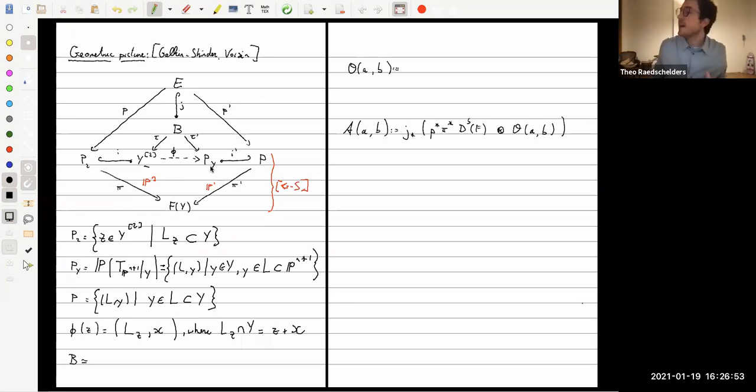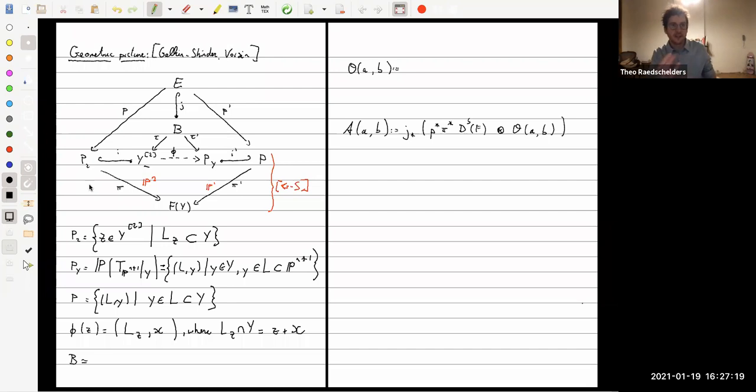And you can see that if you use the cut and paste relation and the projective bundle formula in the Grothendieck ring of varieties, then from this lower half, you immediately recover this Y-F-Y relation in the Grothendieck ring of varieties. So this lower side of the picture is enough here.